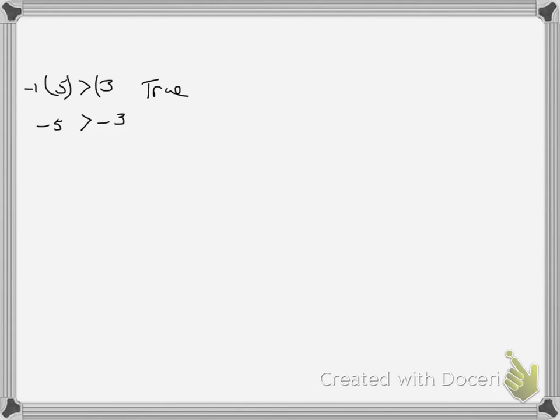Is that a true statement? If we look at a -5 on a number line and a -3 on a number line, is -5 greater than -3? The answer is no, because to be greater than on the number line, you must be to the right of the other. So this is a false statement.